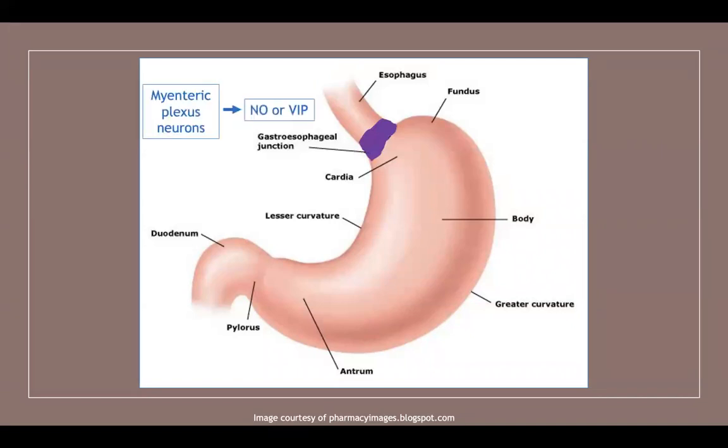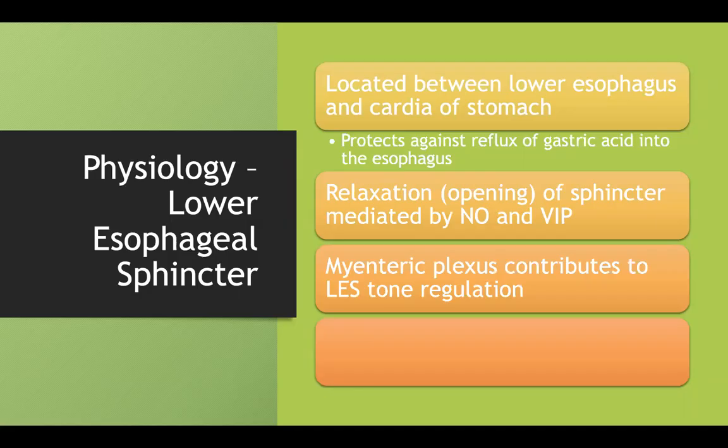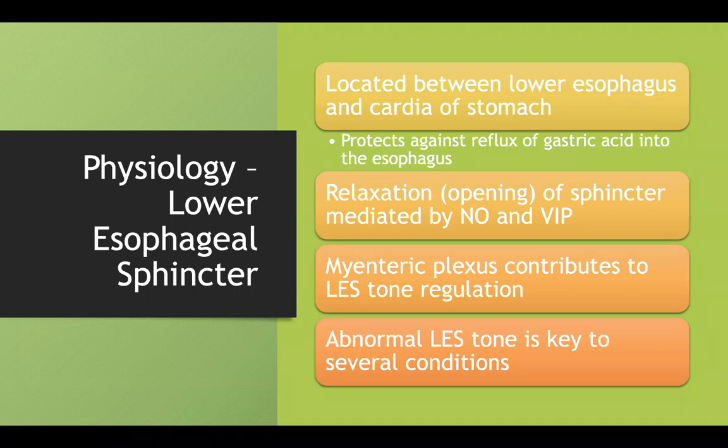Myenteric plexus neurons can release some of these compounds, and these compounds can act on the lower esophageal sphincter, and it can relax it and open it up. And we're going to find out later that you can have abnormal tone in things like achalasia, even things like GERD. It's actually for the opposite reason, but you can have a few different problems with your lower esophageal sphincter that can cause problems.